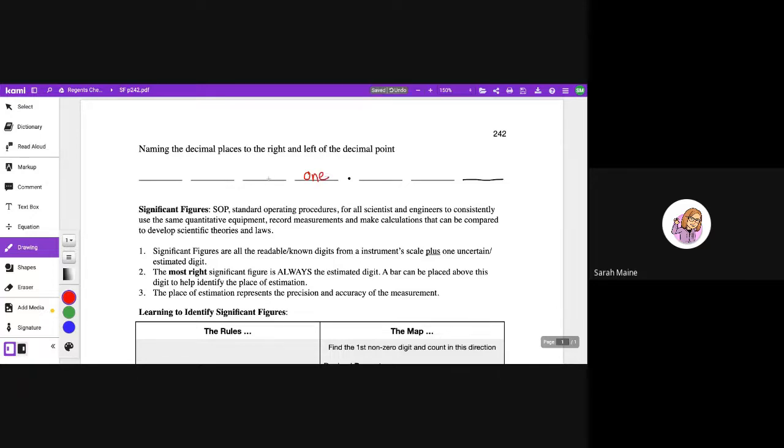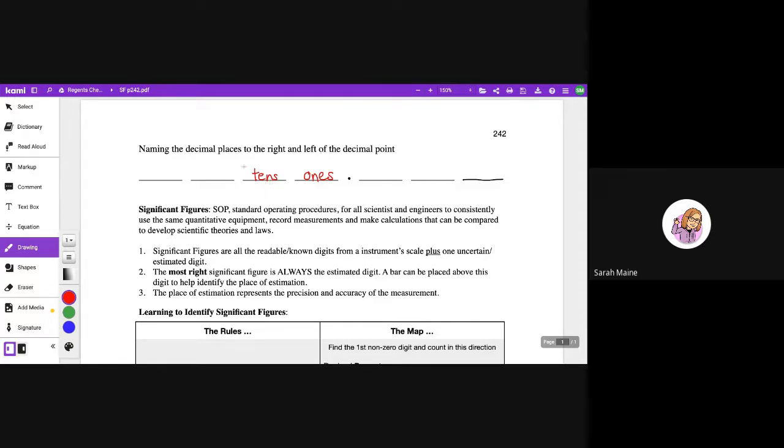If you move one more position to the left, now you start to get into the values of tens. All right. You have $1, $2, $3, $4, $5. Now you move up $10, $20, $30, $40.